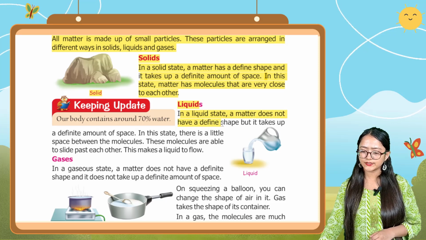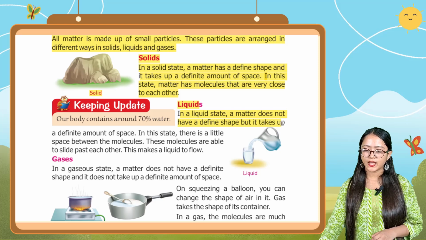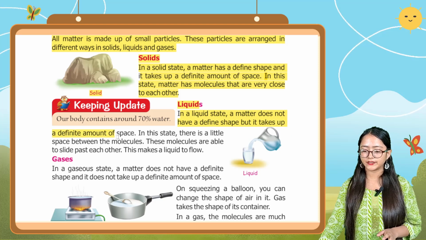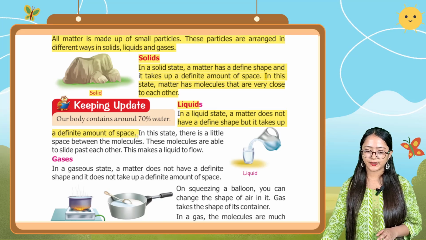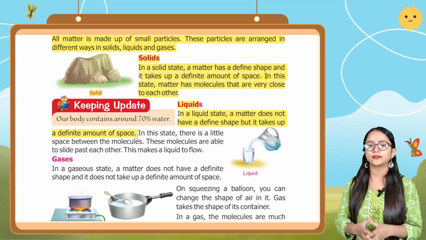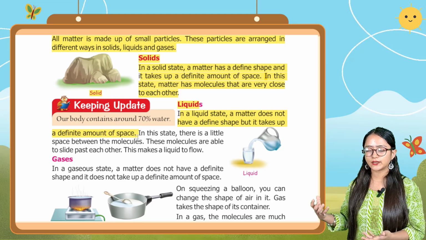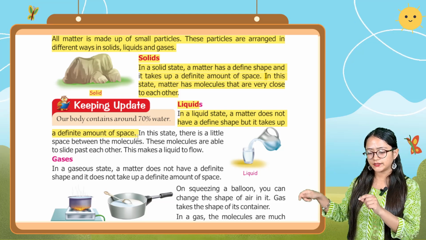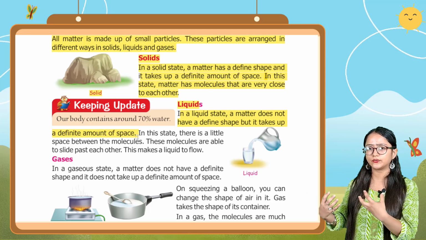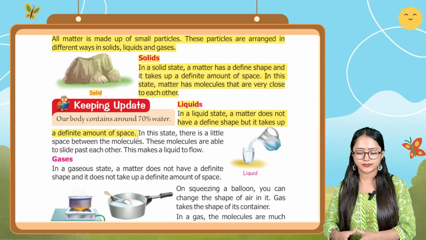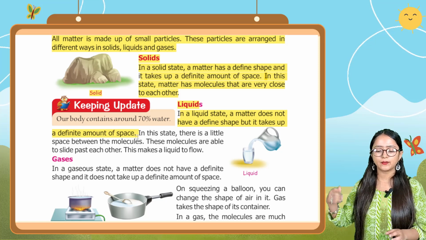In a liquid state, matter does not have a defined shape, but it takes up a definite amount of space. For example, water does not have its own defined shape, but it takes up a definite amount of space.